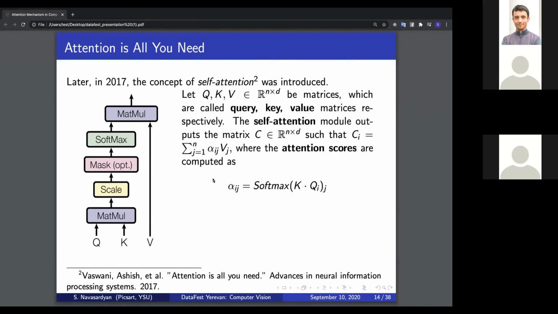And weights are calculated as similarities between the i-th query vector and all key vectors.